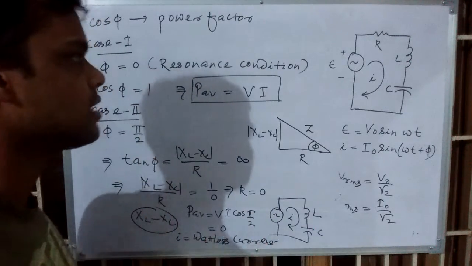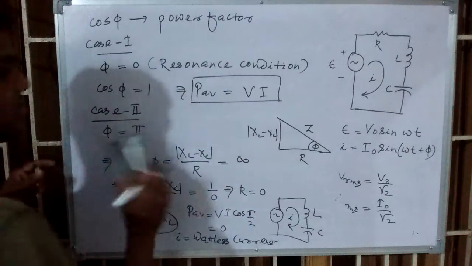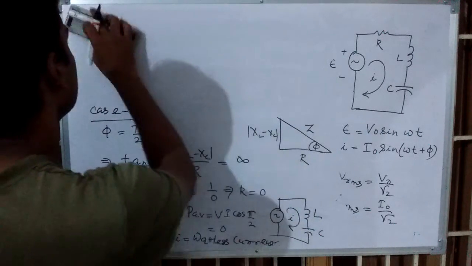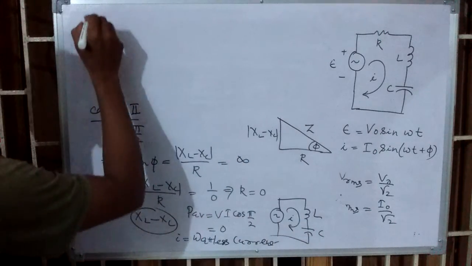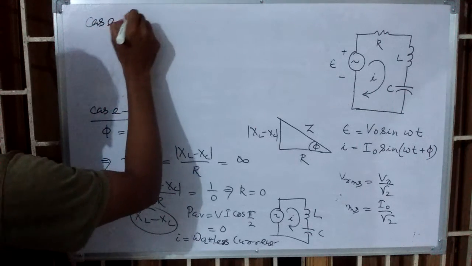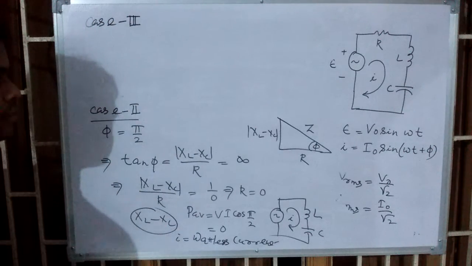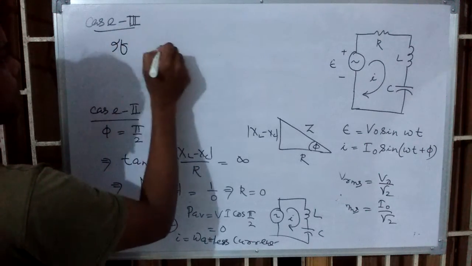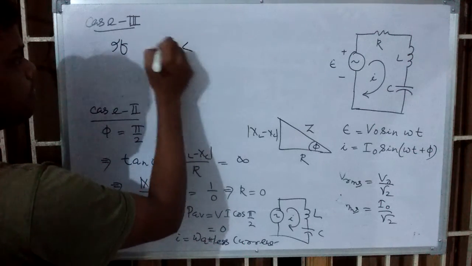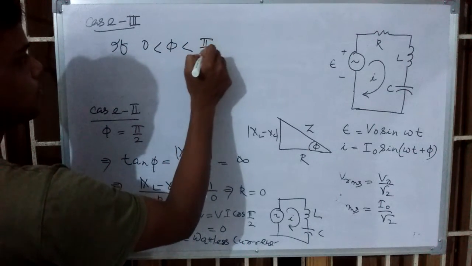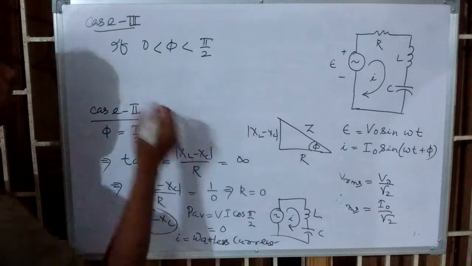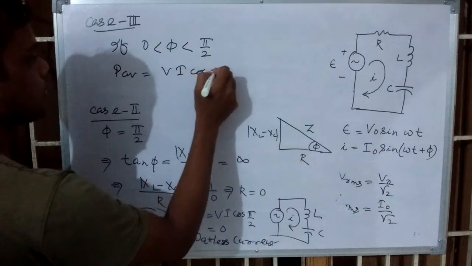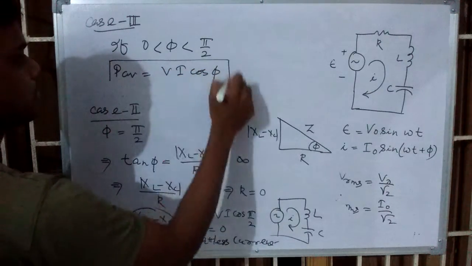Now come to the third case, that is the usual case. What is that usual case? The formula itself. Case 3 is if phi is between 0 and pi by 2, then the formula P average is V I cos phi, and we do know this formula already.